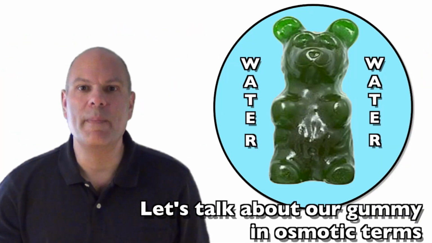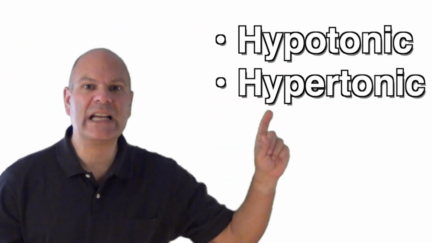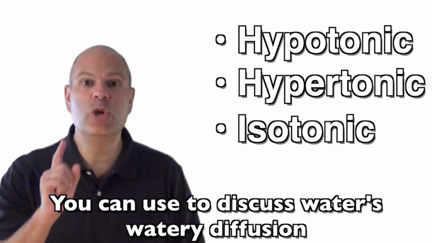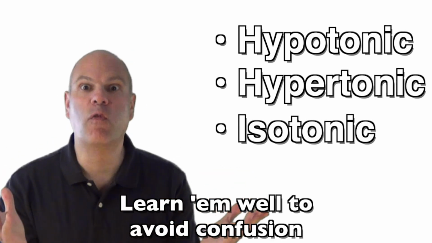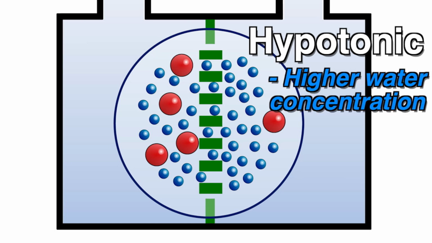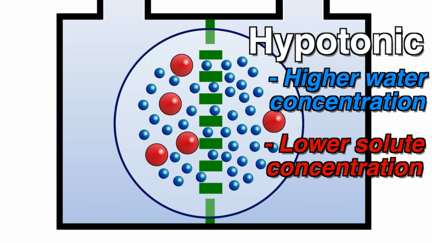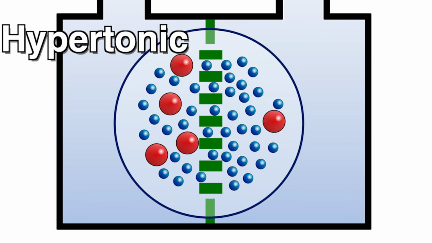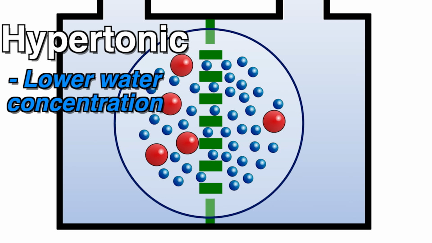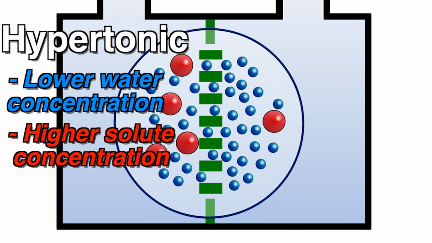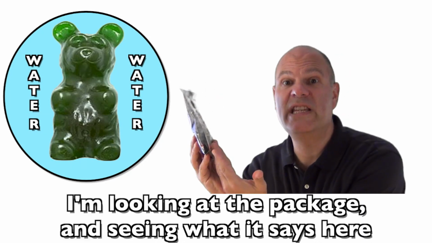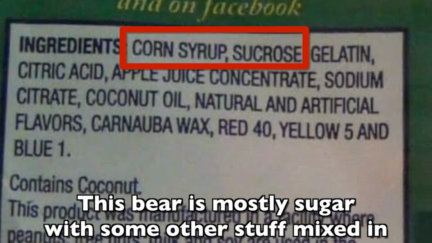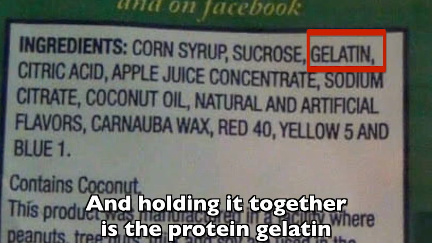Let's talk about our gummy and osmotic terms. Hypotonic, hypertonic, isotonic are the words you can use to discuss water's watery diffusion. Learn them well to avoid confusion. Hypotonic means higher water concentration and relatively lower solute concentration. Hypertonic is the opposite, percent of water's less, with more solute dissolved inside, as you might guess. So let's take these terms and apply them to our gummy bear. I'm looking at the package and seeing what it says here. Each bear is mostly sugar with some other stuff mixed in, and holding it together is the protein gelatin.